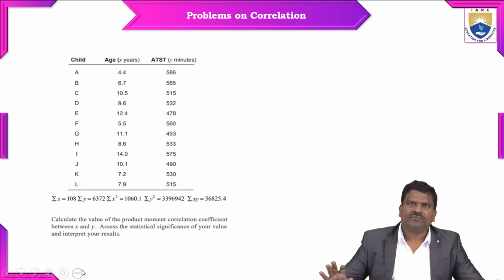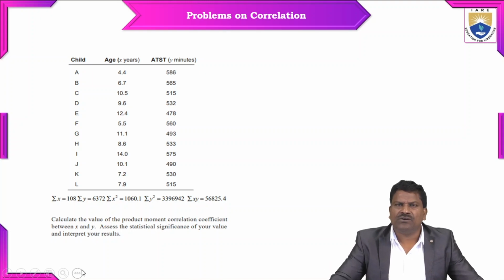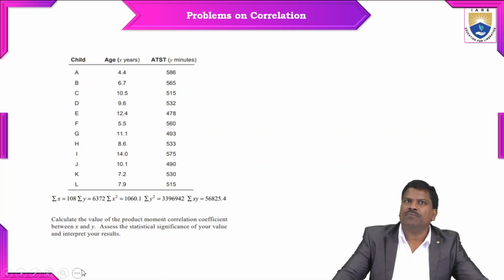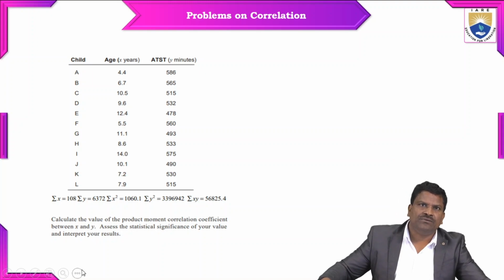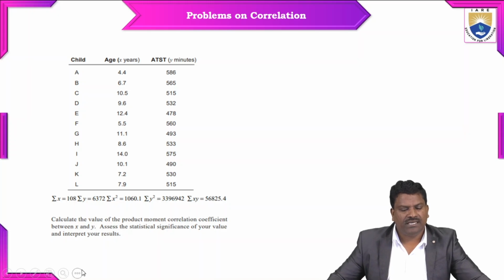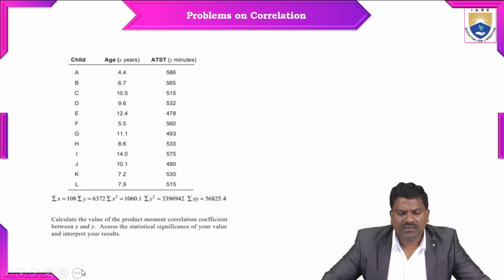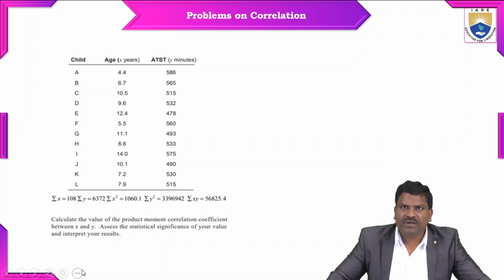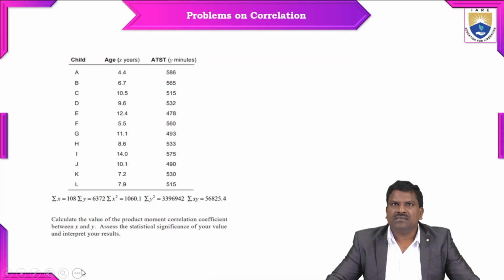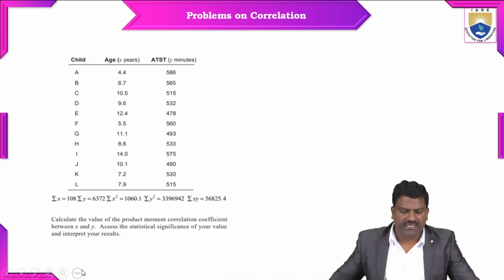In another way also, we can find using tabular form. Let us take the children A to L in one column, their years in one column, and their marks and test analysis in another column.